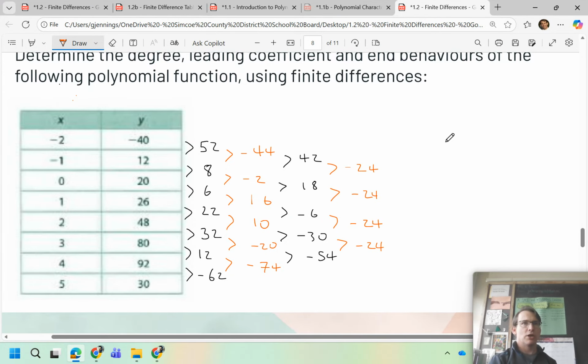So which differences turned out to be constant here? These are the fourth differences. And so we have constant fourth differences. So what's our degree? Yeah, it's just 4. It's just that easy. And then our constant fourth differences were minus 24.